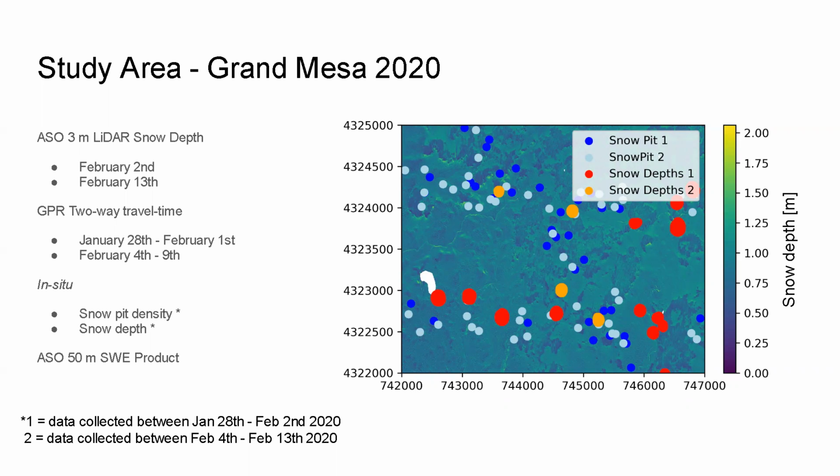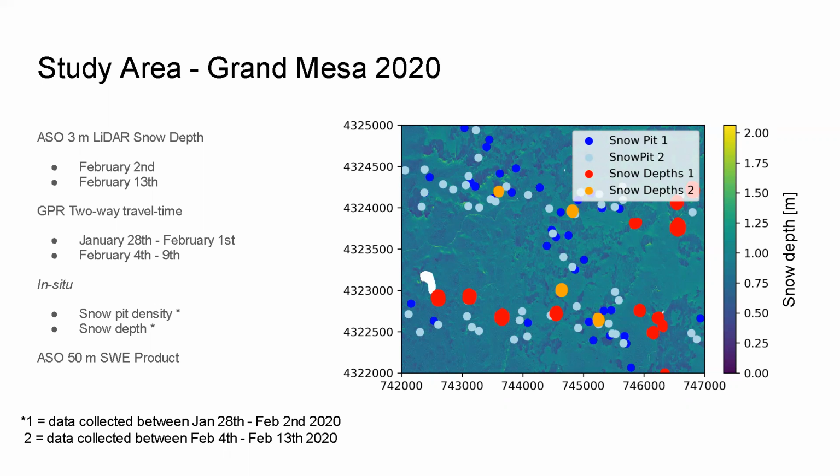And for the second set of dates, there was definitely a limitation, as all that was put on the database at the time was GPR data until the 9th. So there's a bit of a gap there. So we were comparing February 13th LiDAR snow depths to February 4th to 9th GPR data, to calculate snow density, sorry.